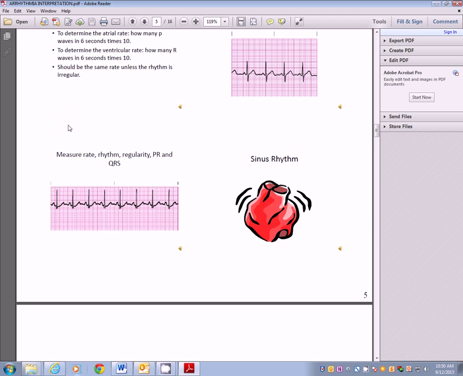So here's a practice one to measure the rate, the rhythm, the regularity, the PR, and the QRS interval. To measure the rate, we would have to count all these boxes: 5, 10, 15, 20, 25, 30, 35.